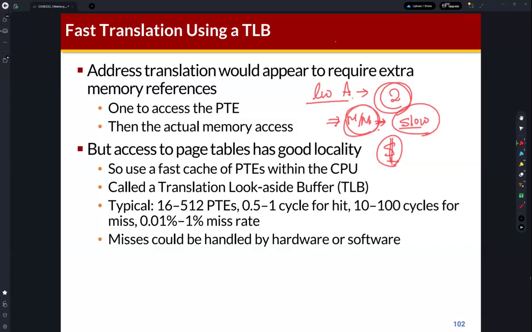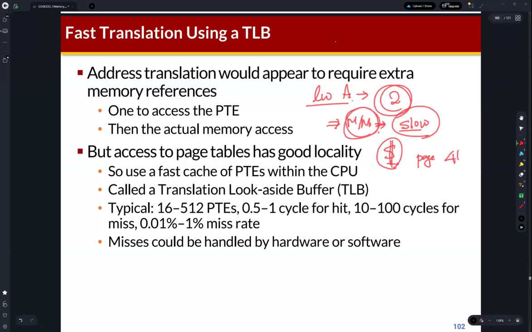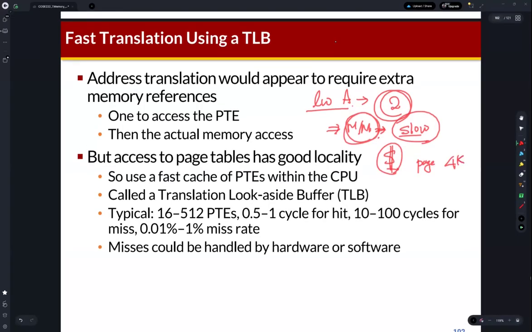Because the page size is very large, 4 kilobytes, one single page includes 4 kilobytes of data.